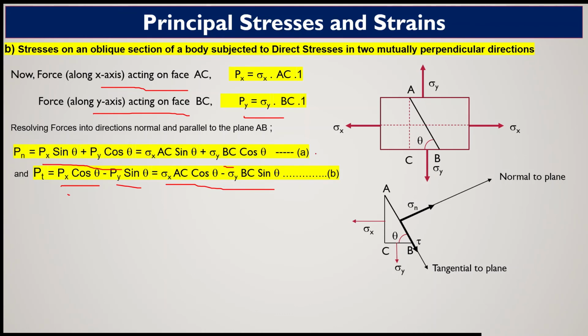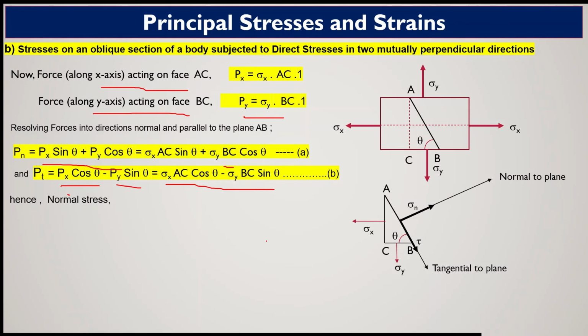So these equations A and B will give the value of normal force as well as tangential force acting on plane AB due to sigma x and sigma y, which are two mutually perpendicular direct stresses.